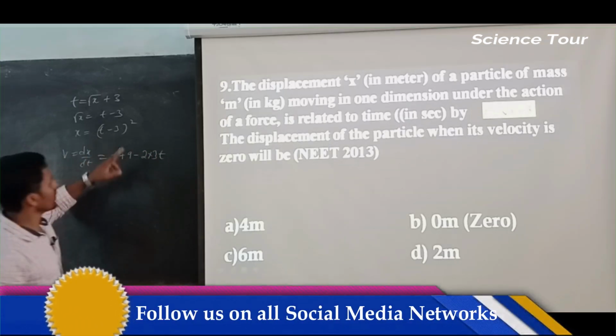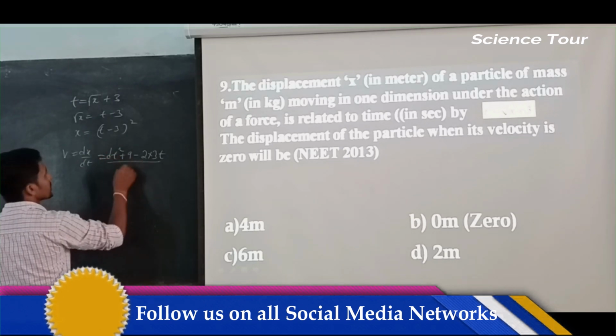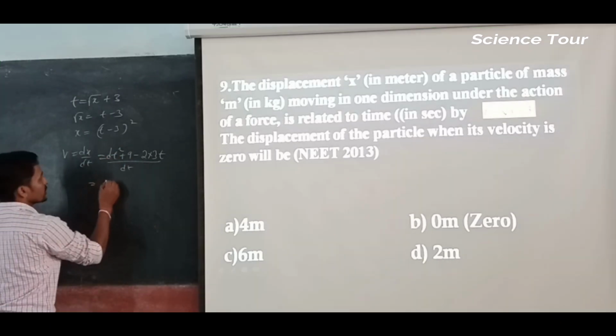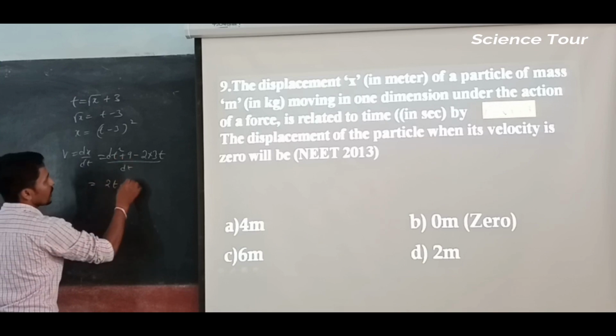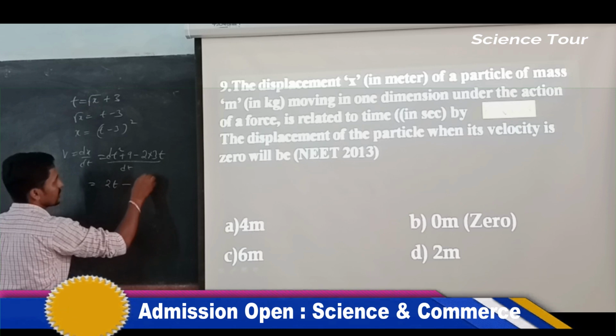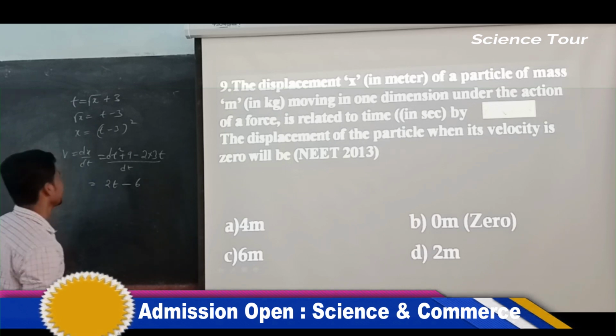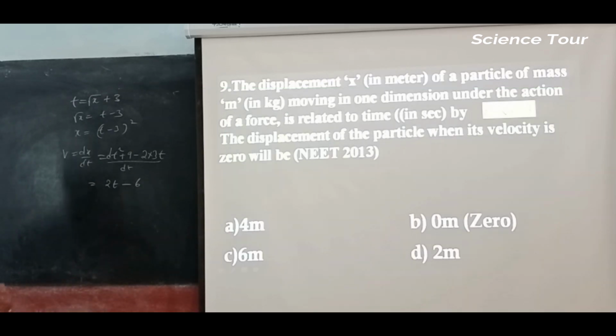No, it is a square plus b square minus 2ab. Then I differentiate it. I am going to get 2t plus 0 and minus 6, so 2t minus 6.